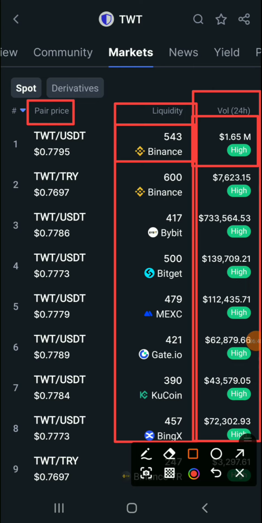So take note, please, if you are engaging in arbitrage, don't go for the price differences, because on some exchanges that are not even legit, you're going to see this TWT being traded at 0.779, and you go to other exchanges that are not even listed among the legit exchanges, and you're going to see this same TWT being traded at maybe $2 or $5 or $10. So don't let that price lure you.